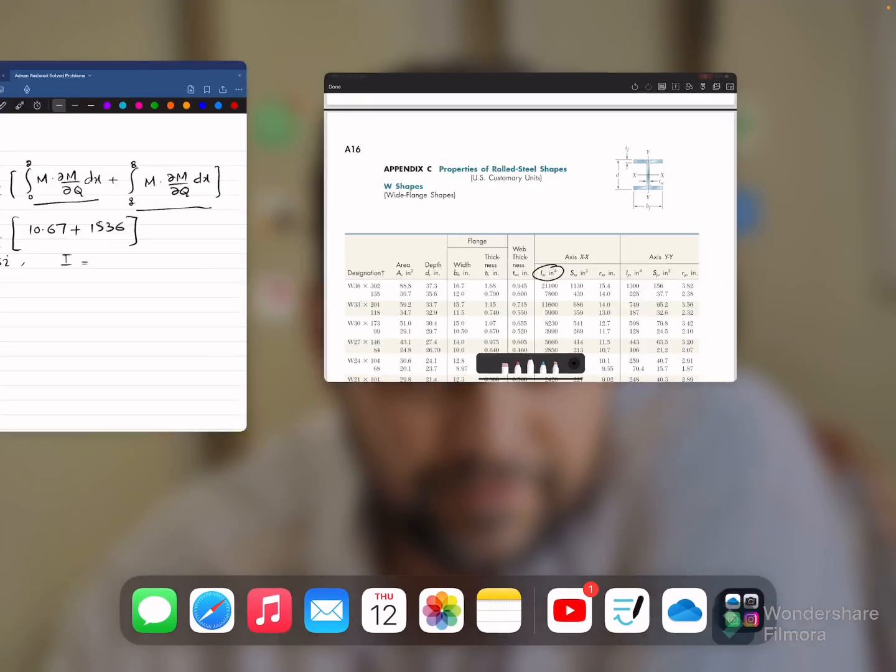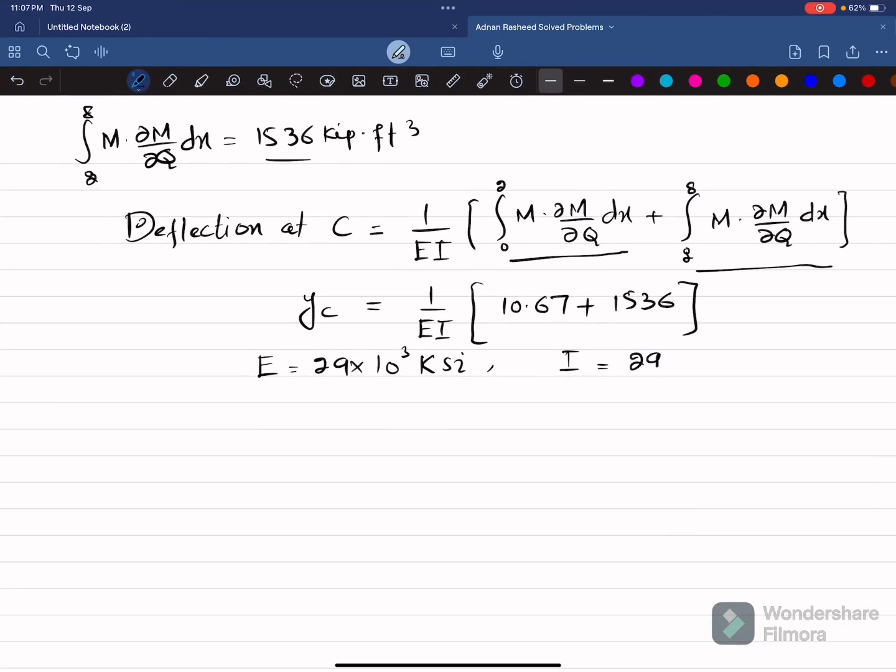So these two terms have units of kip into cubic feet, and this is inch power 4. So we will find this EI. EI is 29 into 10 raised to power 3 ksi multiplied by 291 inch power 4.